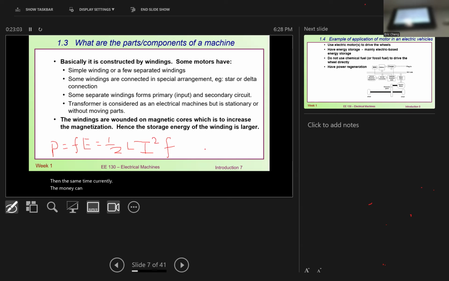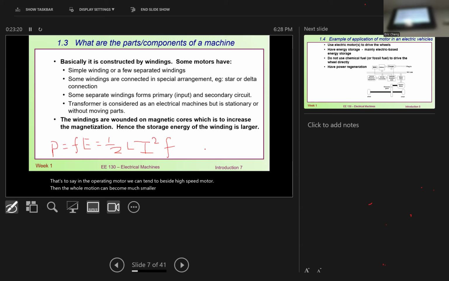You can have fewer turns, a smaller size of inductor. That's to say, if you want to operate a motor, we tend to design a high-speed motor. Then the whole motor can become much smaller in size.